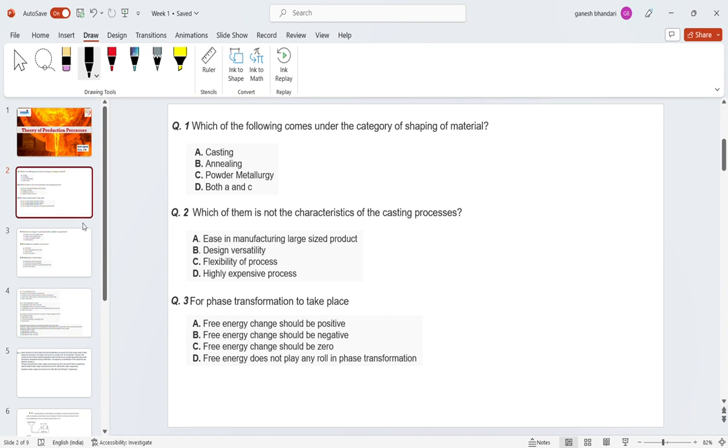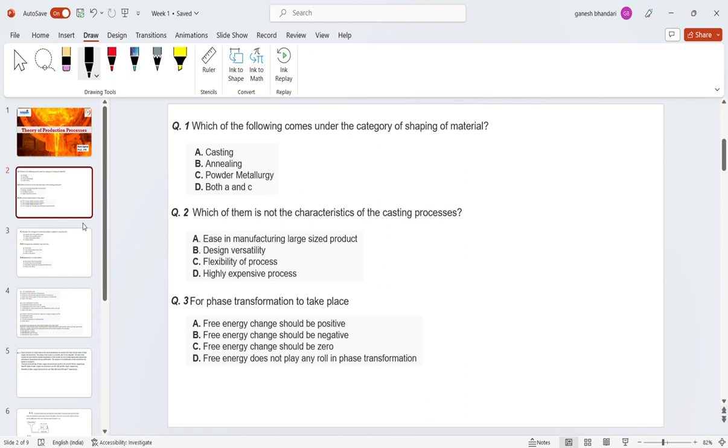If powder metallurgy comes in your curriculum, there is one course by an IIT Madras professor being floated in this semester. If you have GATE exam or something, you can also go through it, because it is a very good field to make a career in, if you go for higher studies or some other thing.